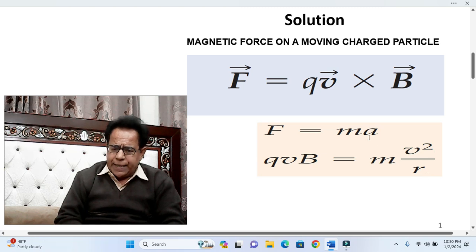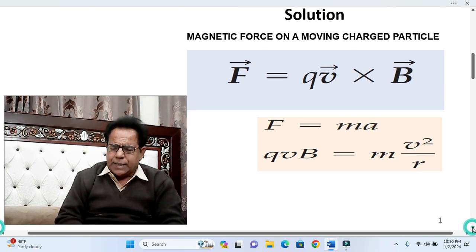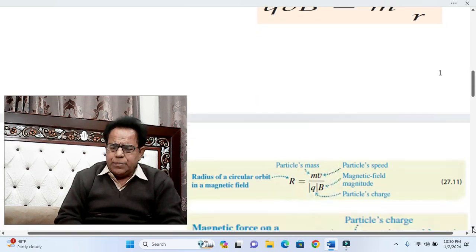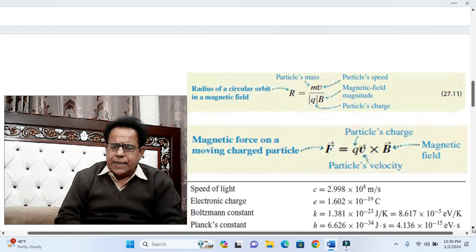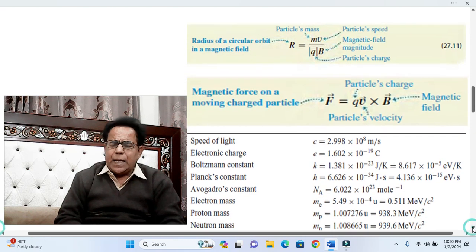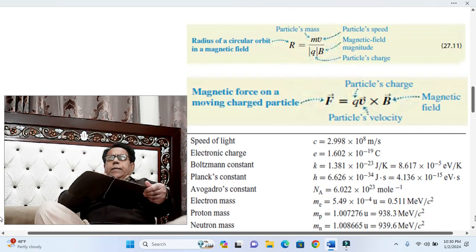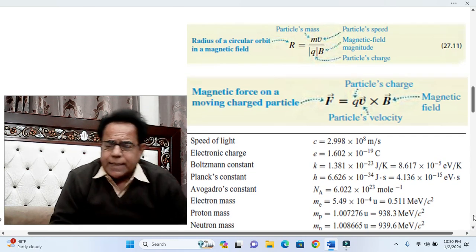Centripetal or radial acceleration, these two terms are used alternatively. Next snapshot is similar, but taken from a different book.